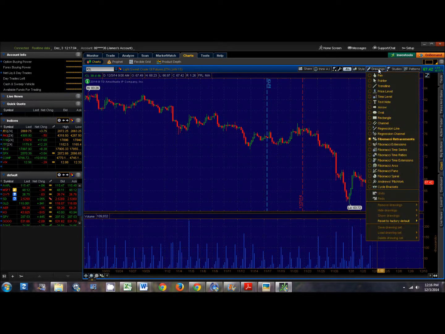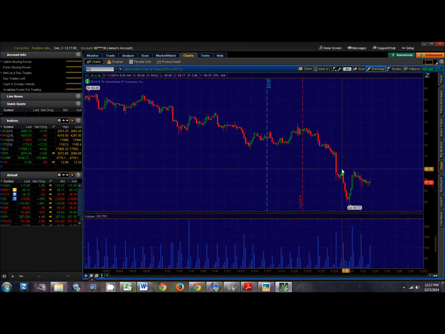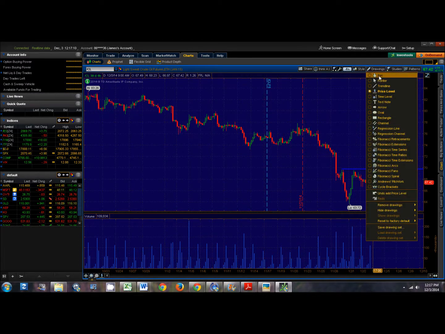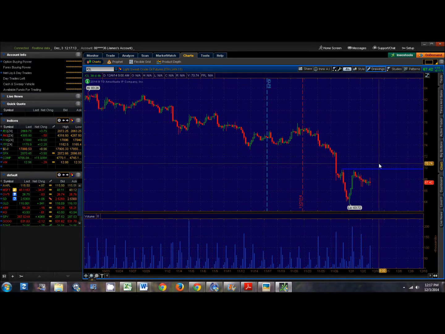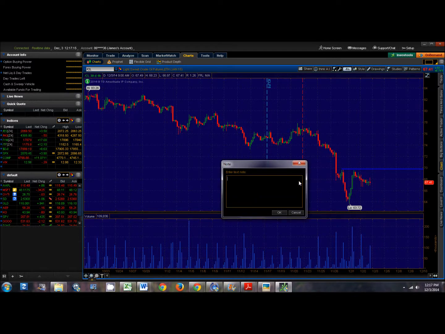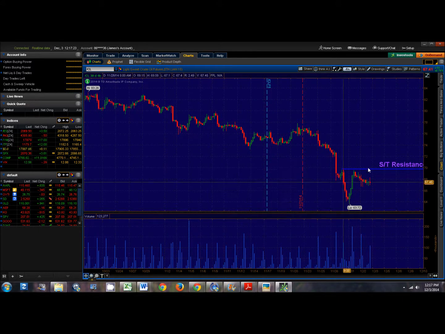So I'm going to draw a price level, a nice little line right there, and I'm going to add a text note. This is obviously short-term resistance. Oops, that's kind of big.